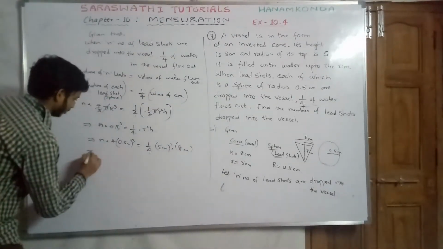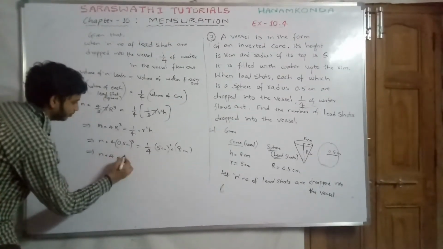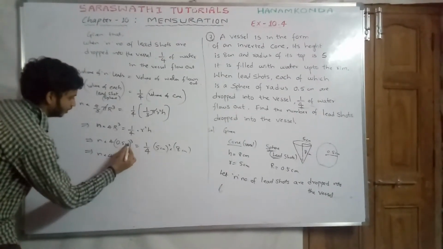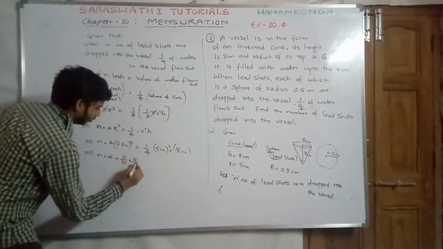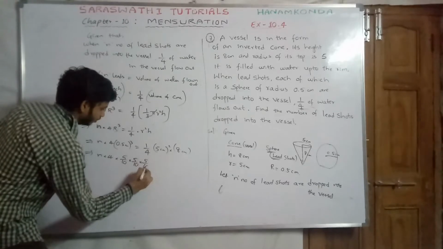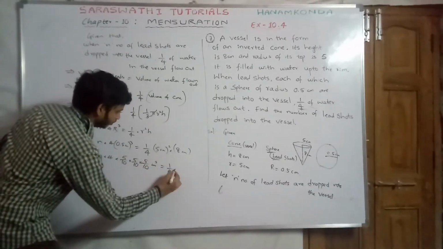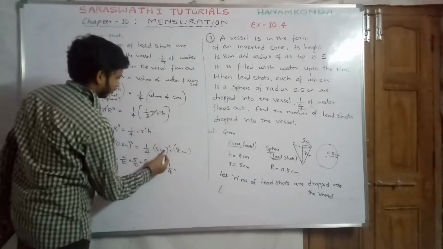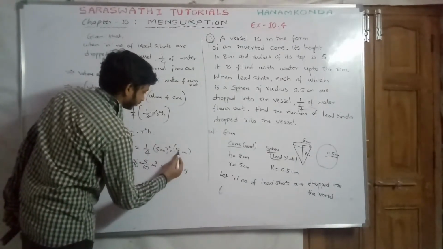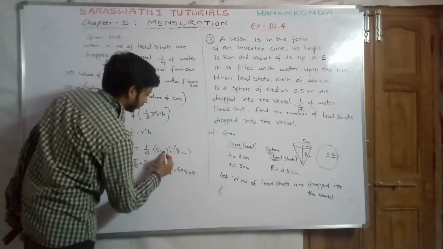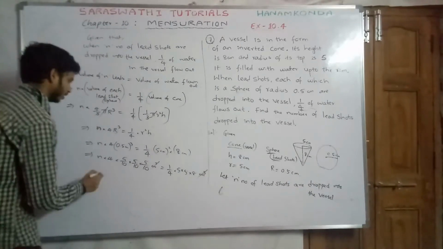So 4 into 0.5 can be written as 5 by 10, and 5 by 10 whole cube means 5 by 10 into 5 by 10 into 5 by 10 cubic centimeters, equal to 1/4 of 5 into 5, into 8 centimeters. The cubic centimeters get cancelled.